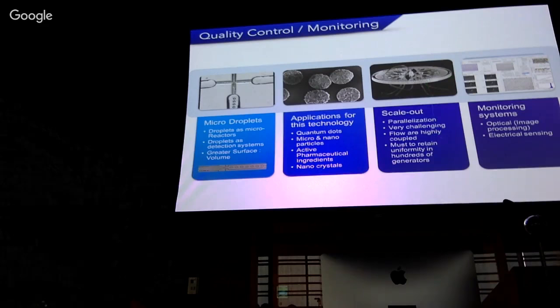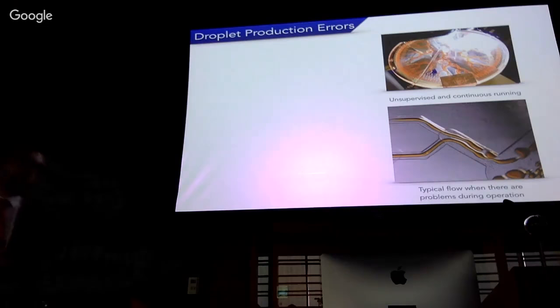We have made a scale-out system that integrates hundreds of these devices. And we have also seen that we probably need to run only a few of these devices if you want to serve the market, or you want to give 1 tablet a day to everyone. So we need some sort of monitoring system that can look at the production of these particles. And this is what this chapter is about.